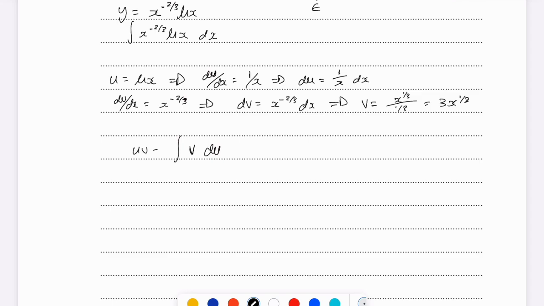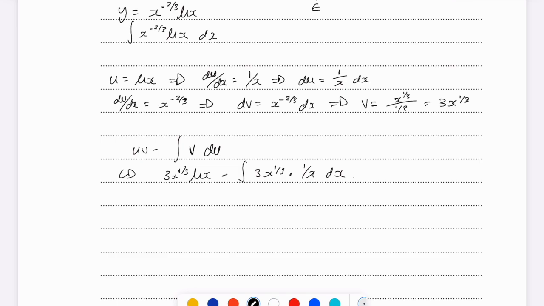So if we rewrite this, what we've got is 3x to a third ln x minus the integral of 3x to the third, v, times du, 1 over x dx.